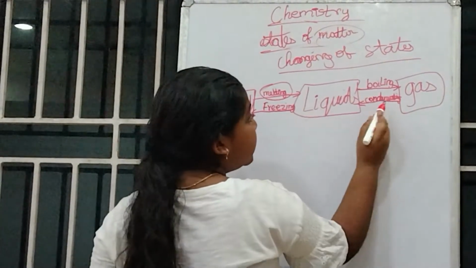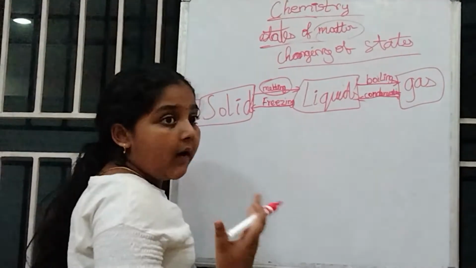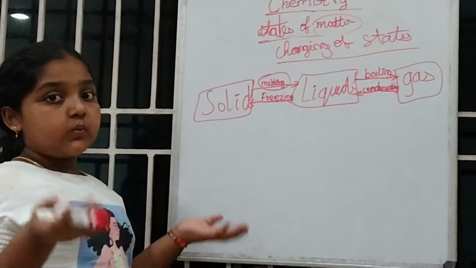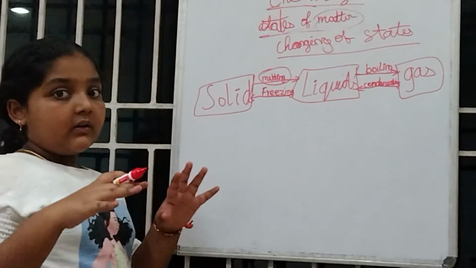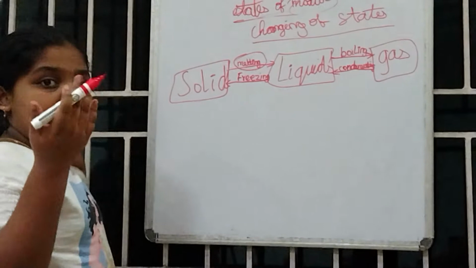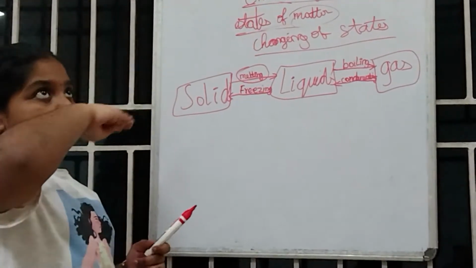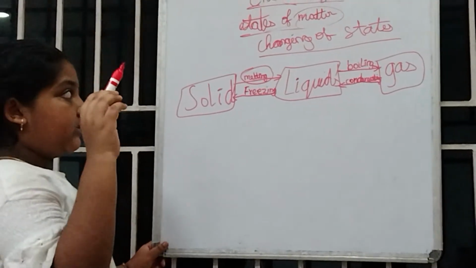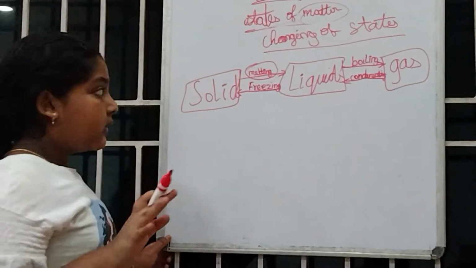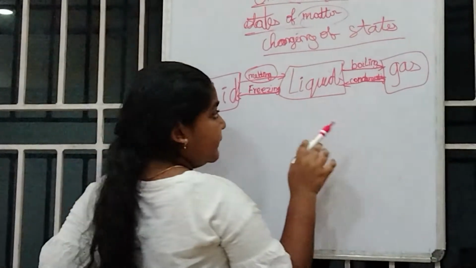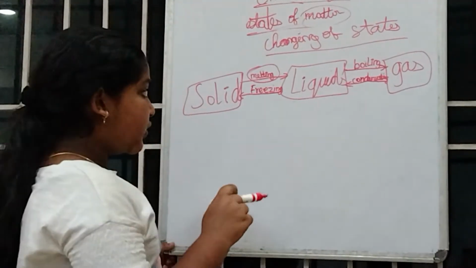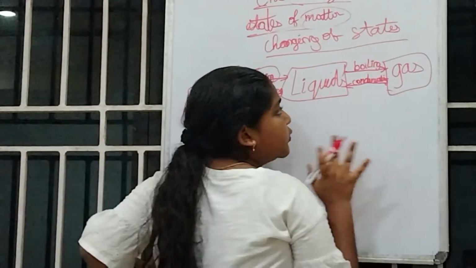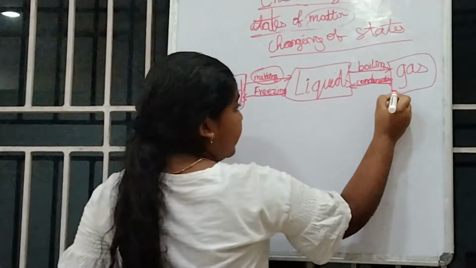Next, liquid to gas. When we are boiling it, much of the liquid will be transferred into vapors. Vapor is a gas, and if we keep a plate over it, those vapors will reach the plate and become liquid.